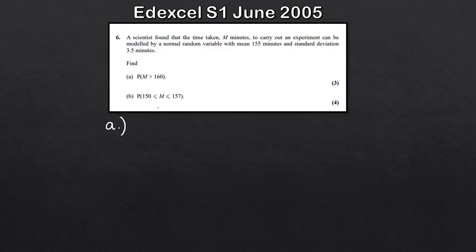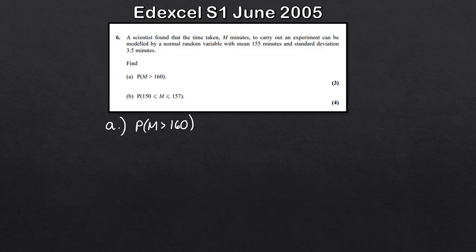here we're looking to find the probability that M is greater than 160. So let's just take a look at the context of this question. This is a scientist who's found the time taken, M minutes, to carry out an experiment can be modelled as a normal random variable. In other words, a normal distribution with mean 155 minutes and standard deviation 3.5 minutes.